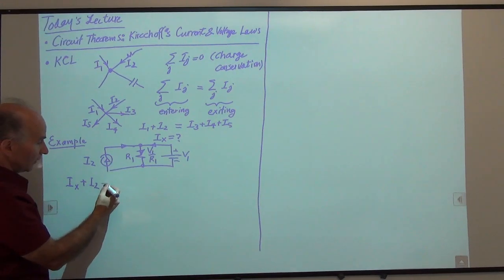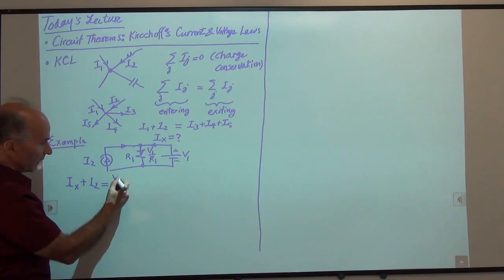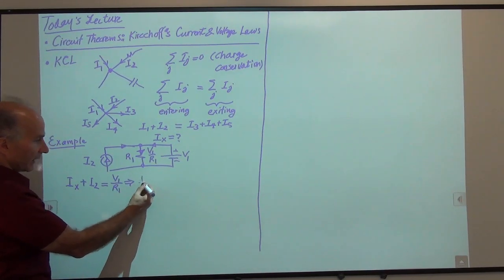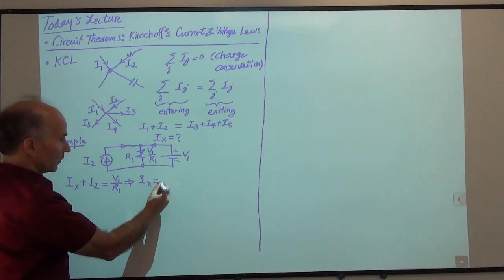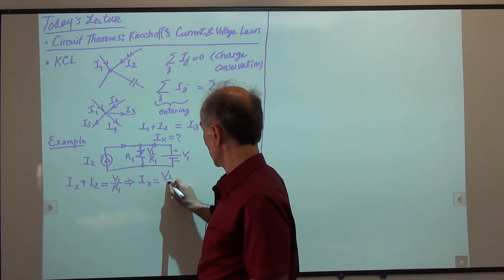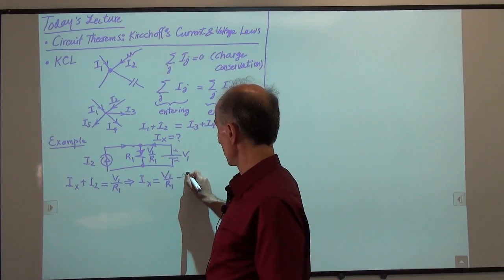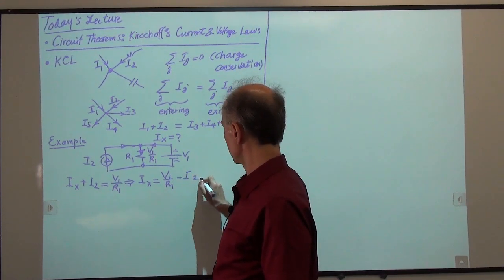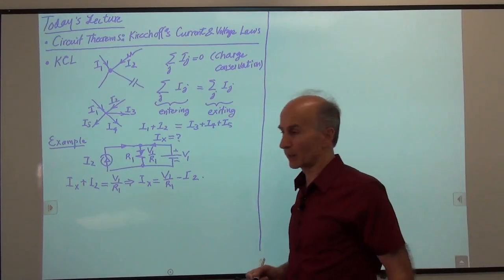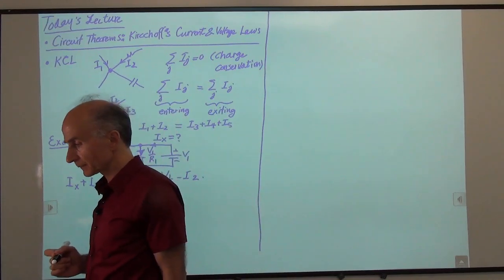So I can say this is equal to V1 over R1. So the quantity of interest Ix is just equal to V1 over R1 minus I2. Okay, it's very simple. So it's just a quick example of how we apply KCL.